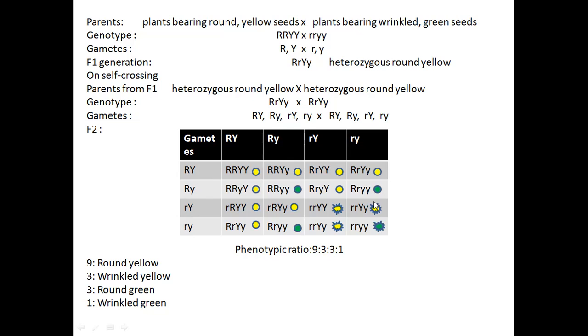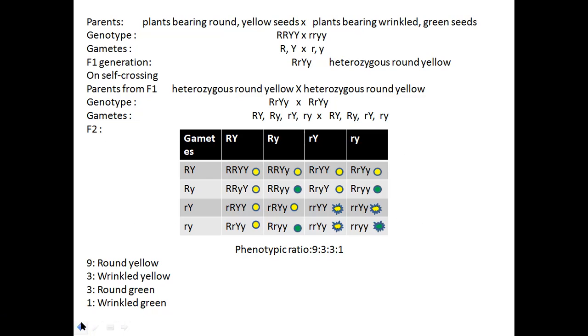On self-crossing, these are the results obtained. Clearly, you can see about nine plants that are round yellow, three wrinkled yellow, three round green, and only one wrinkled green. In this ratio, in the F2 generation, Mendel obtained the plants.